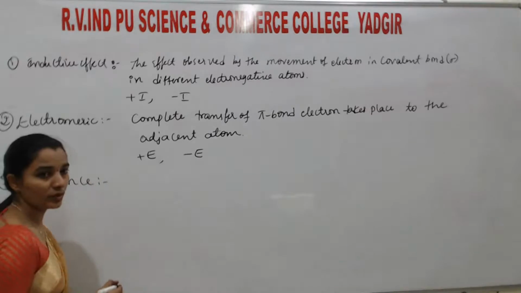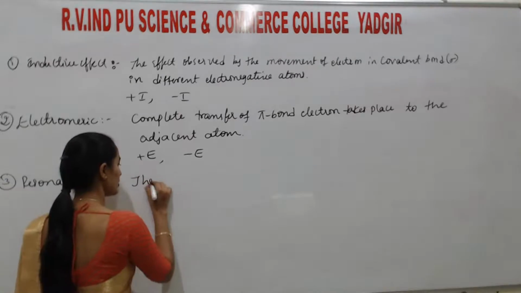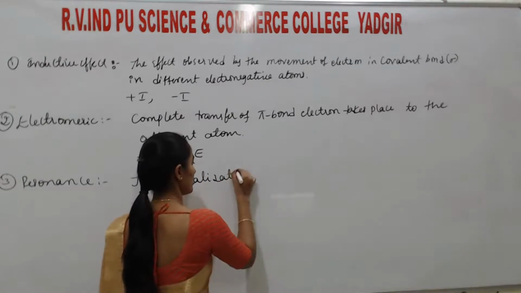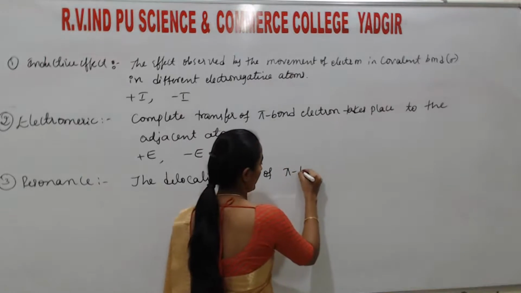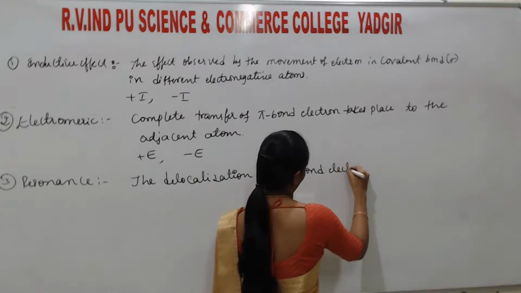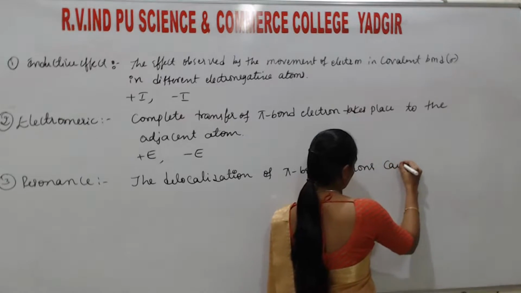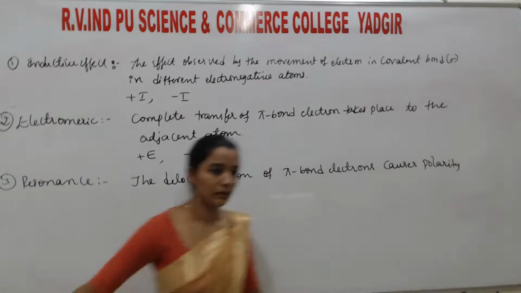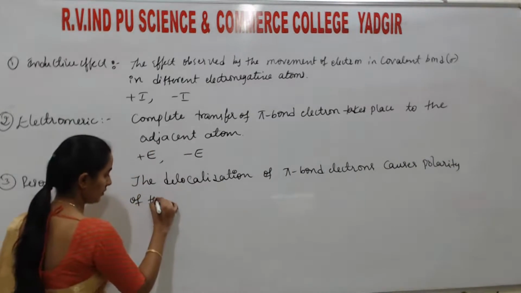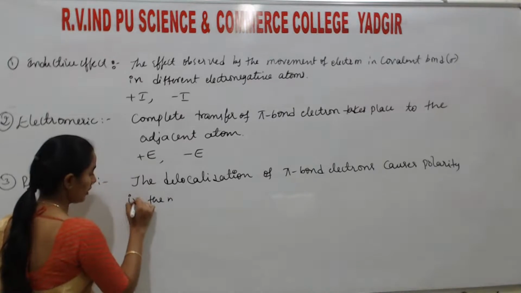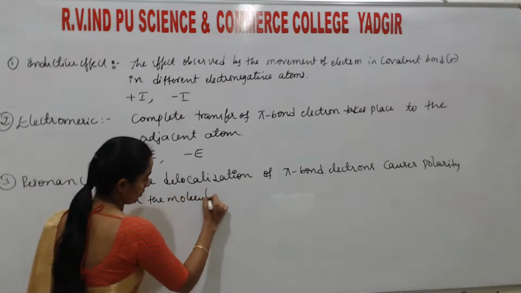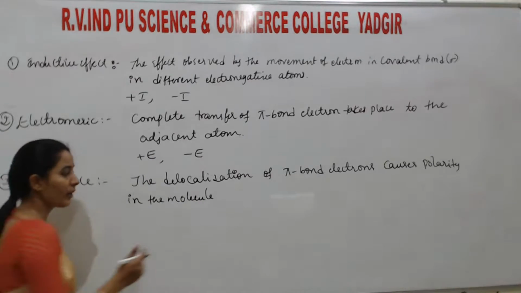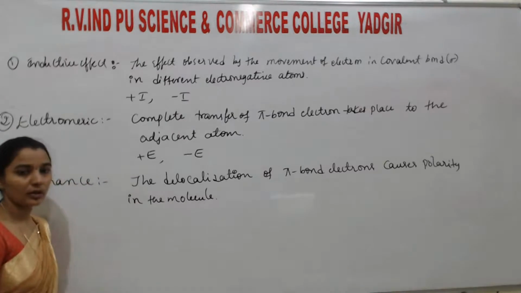So the next one, resonance effect. What is this resonance effect? The delocalization of pi bond electrons causes polarity in the molecule, and this is called the resonance effect.